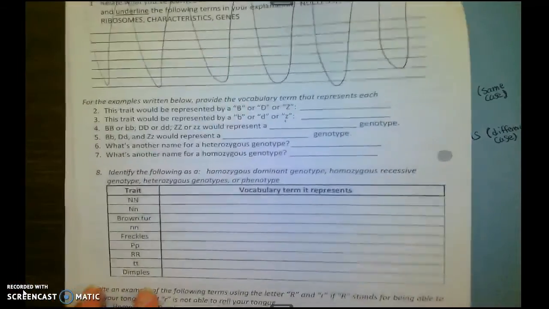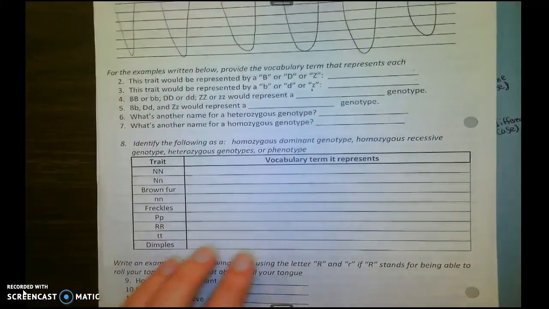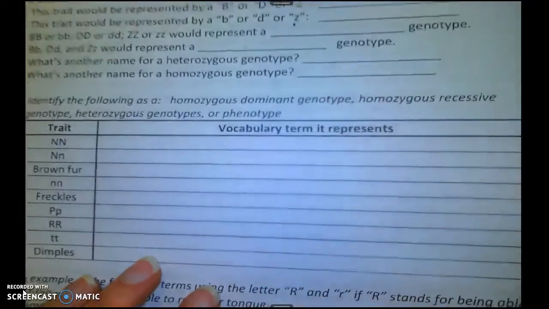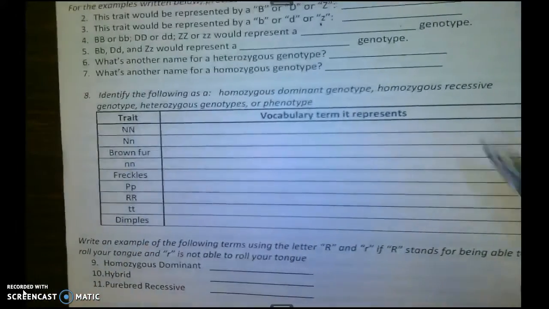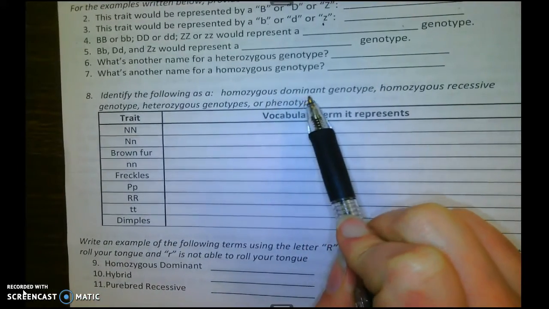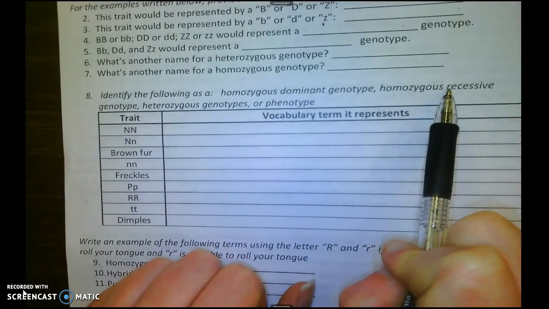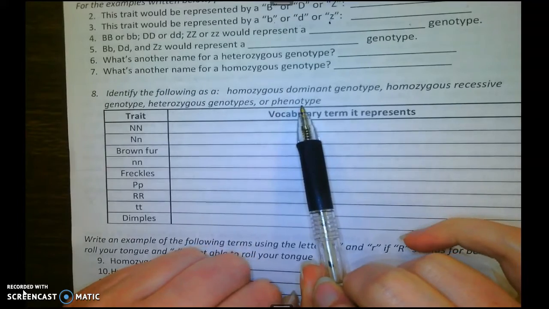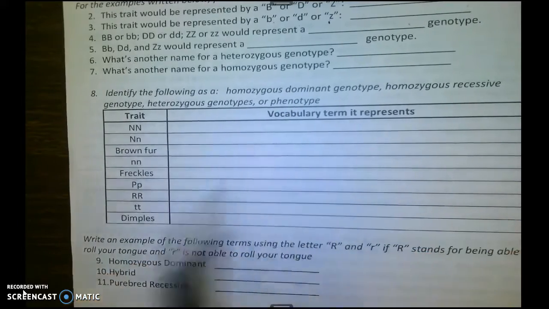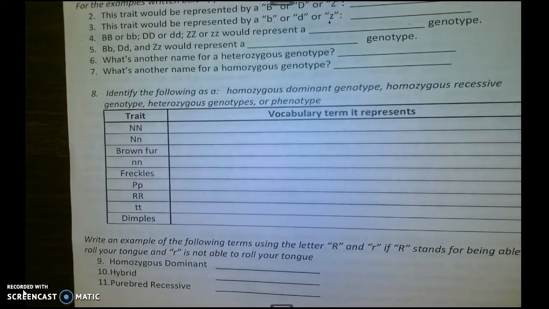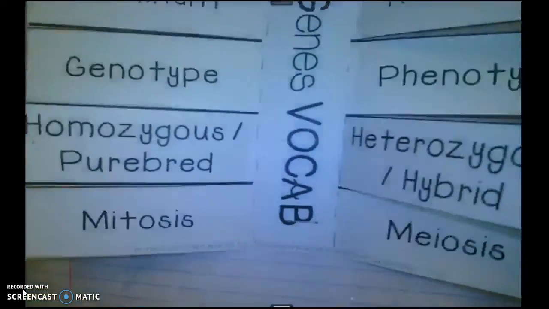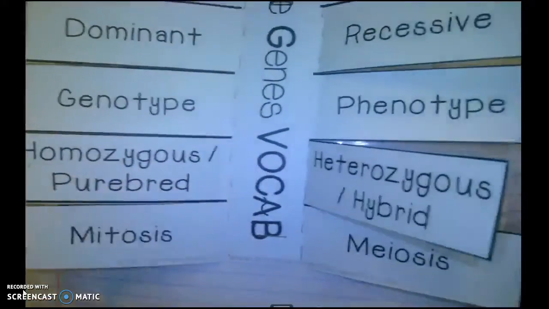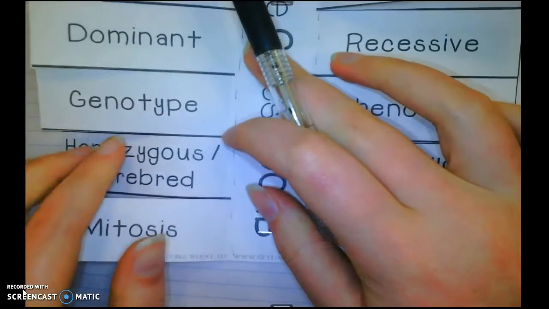Let's look at number 8. We've got a large table down here, and we need to figure out if all of these are talking about homozygous dominant, homozygous recessive, or heterozygous genotypes, or maybe it's a phenotype. Now, we haven't talked about genotypes or phenotypes yet. So genotypes are the combinations of letters.